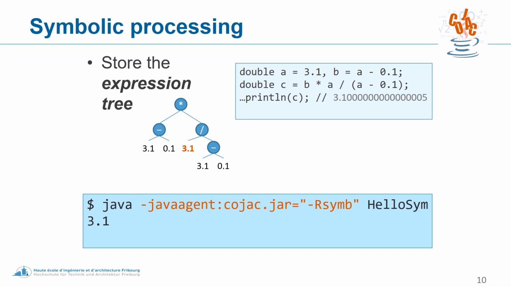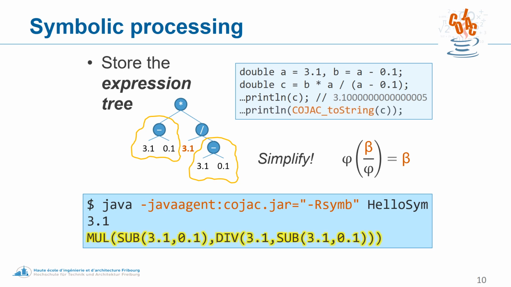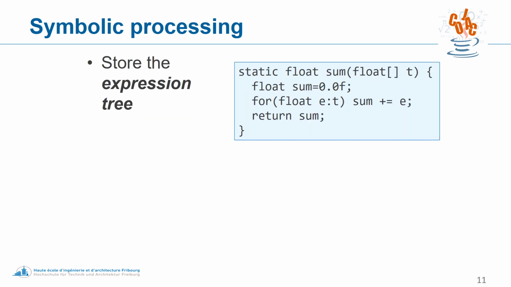And Cojac recognizes a pattern where the same sub-expression appears in the numerator and the denominator. This triggers a simplification rule. When you inspect the internal representation, you can see the rich structure behind. This example only scratches the surface of our symbolic numbers.